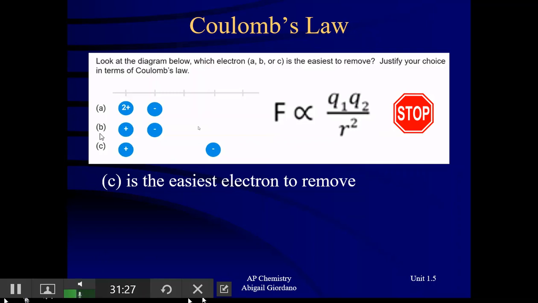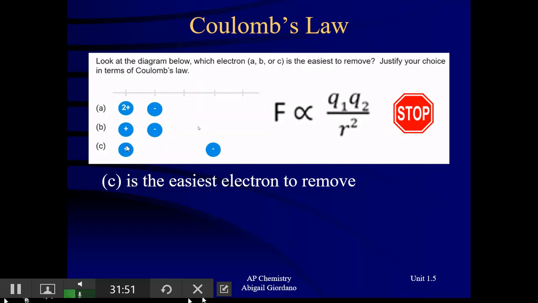Now, let's just talk this out for a second. The difference between A and B, same distance, all right, but A has a greater magnitude of charge there. So A is going to have the strongest attraction. Now B and C, they have the same magnitudes of charge.